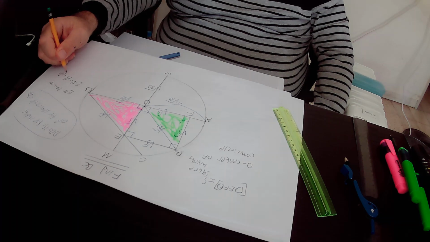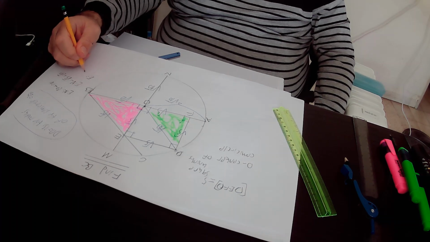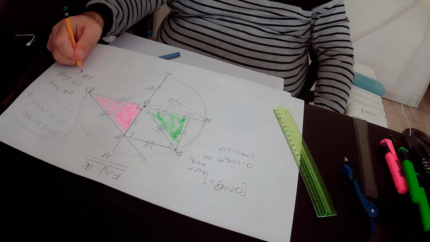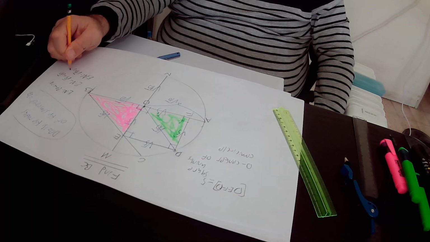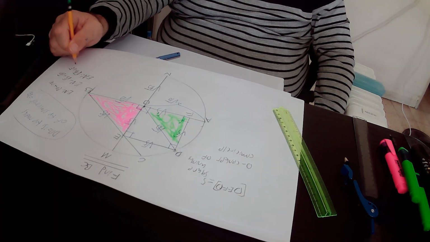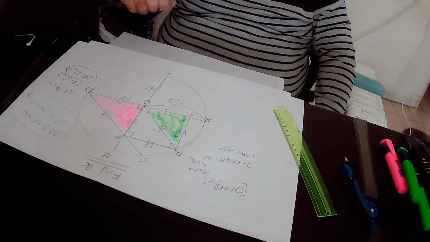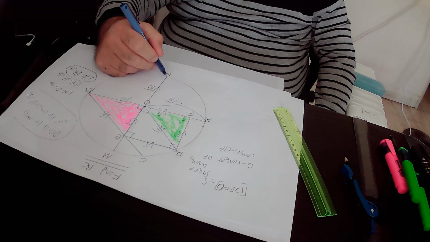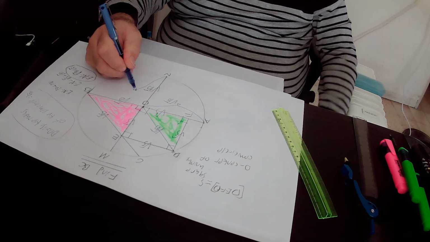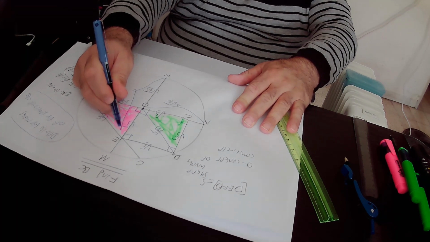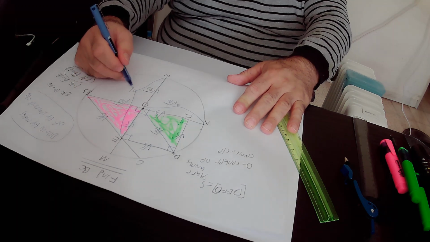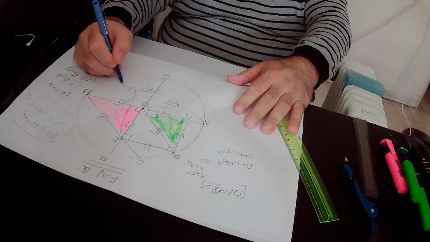In conclusion, we found out that EN equals the square root of 10 plus the square root of 5. We can write down here that EN equals the square root of 10 plus the square root of 5.